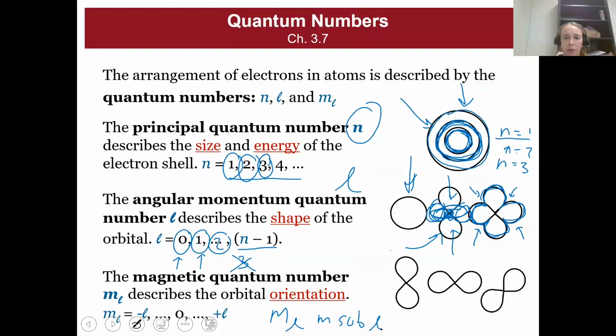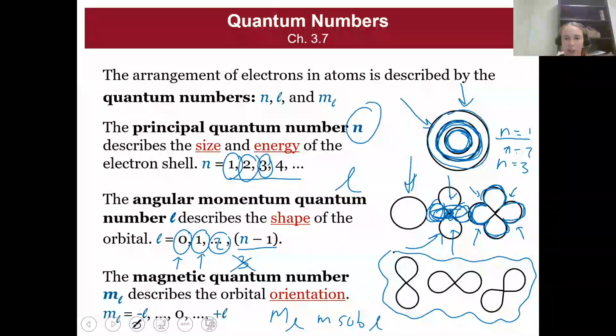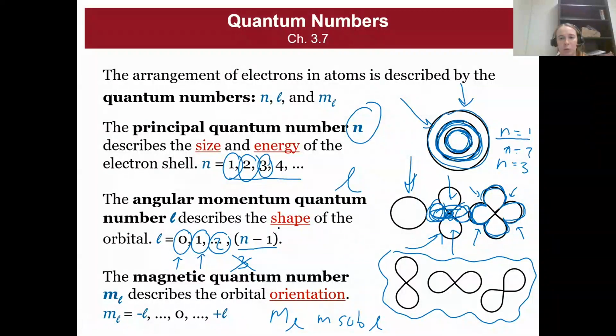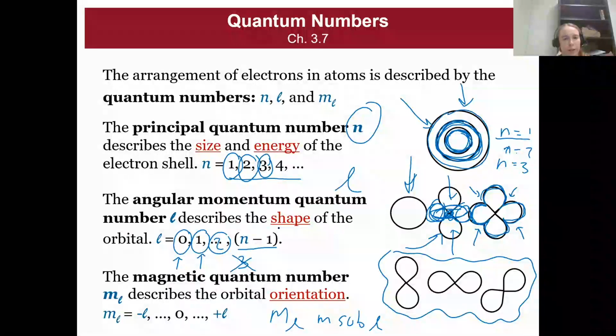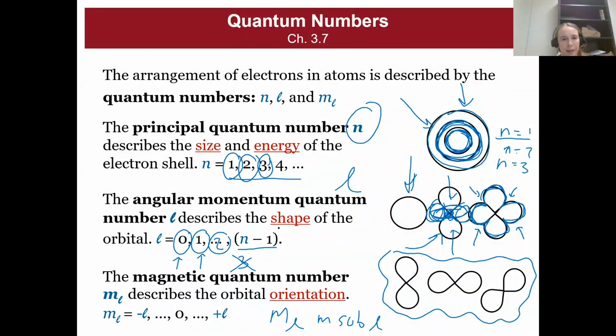Now these are all these dumbbell-shaped or figure-eight-shaped orbitals, and m sub L describes the orientation, whether it's along the x-axis, the y-axis, or the z-axis. For example, with this certain value of L. We learned that L has to be less than n.